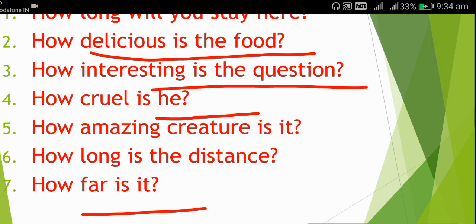So you use how far is it. I think you now know very interesting kinds of sentences which you generally use when talking to one another. I think you can now understand how to use these sentences, talking with let and how.